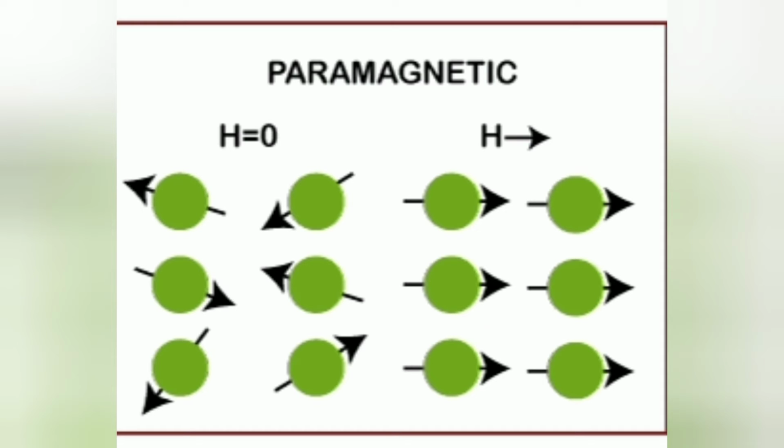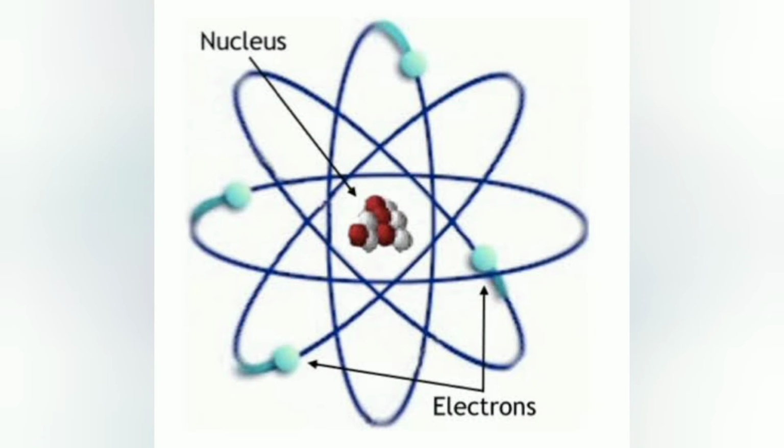But as soon as the external magnetic field H is applied, the magnetic moments align themselves in the direction of the external magnetic field H, thereby producing some magnetization. Therefore we say that in the presence of the external magnetic field, a little bit of magnetization is observed in paramagnetic materials. But as soon as the external magnetic field is removed, it loses its magnetization.